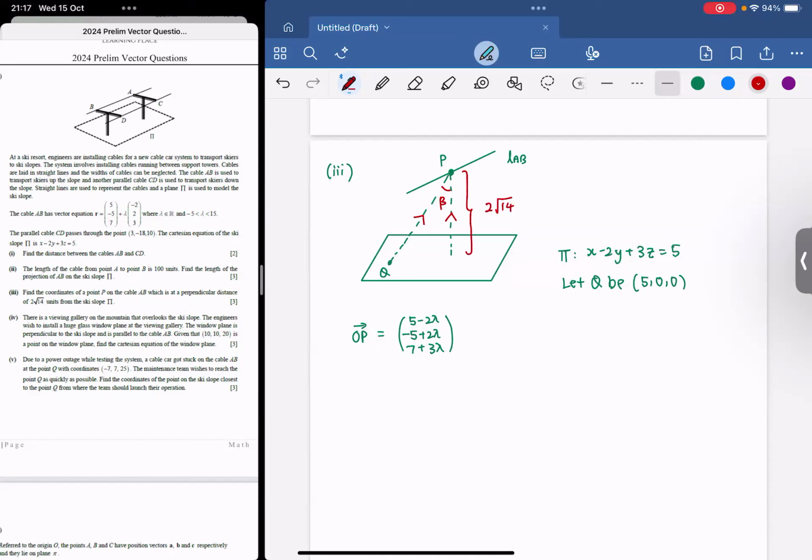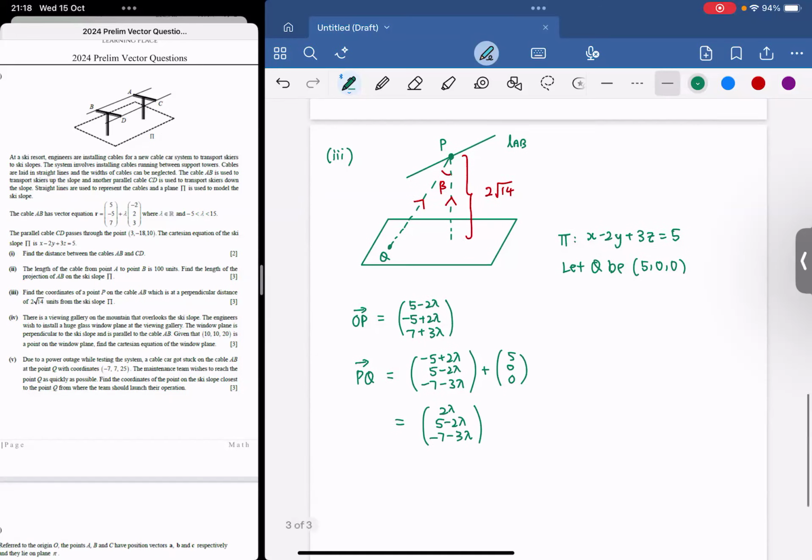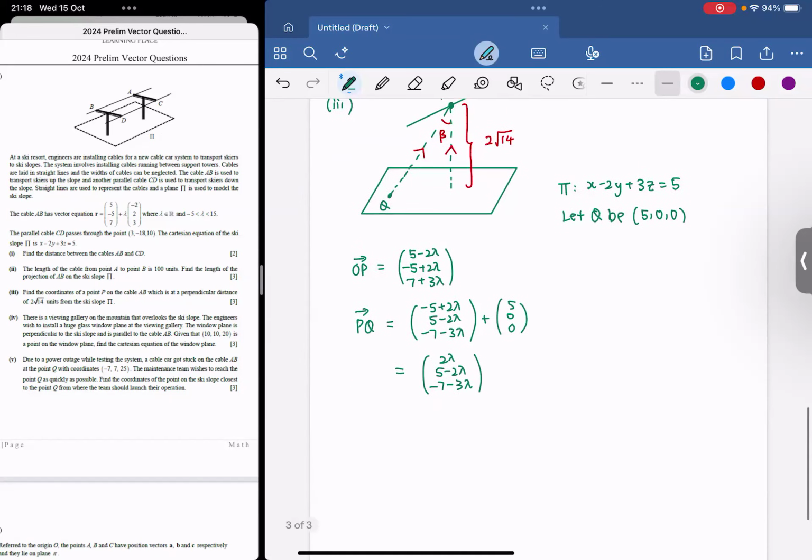So what we do now is find our PQ. PQ will be equal to (-5 + 2 lambda, 5 - 2 lambda, -7 - 3 lambda) plus Q. What is Q? Q is (5, 0, 0). This will give us (2 lambda, 5 - 2 lambda, -7 - 3 lambda). Now in order to link to 2 square root 14, I will use cosine.